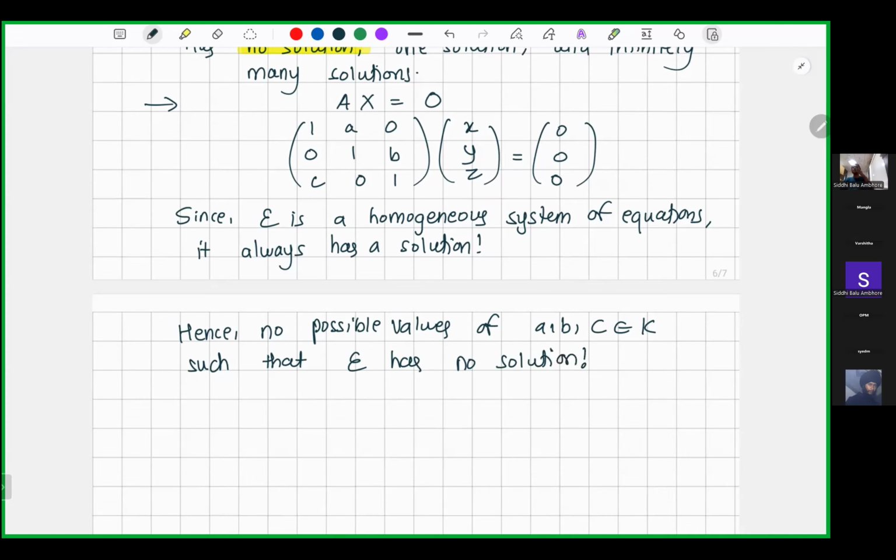Homogeneous system of equations will always have a solution.